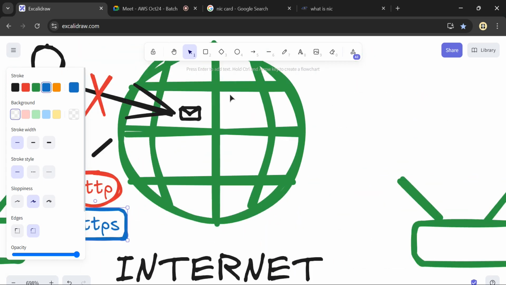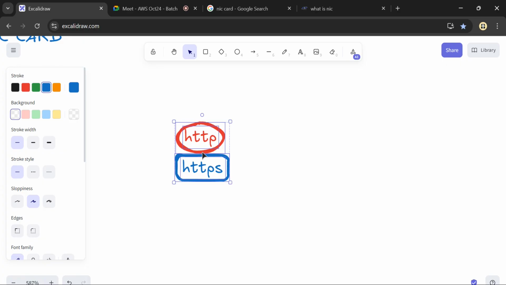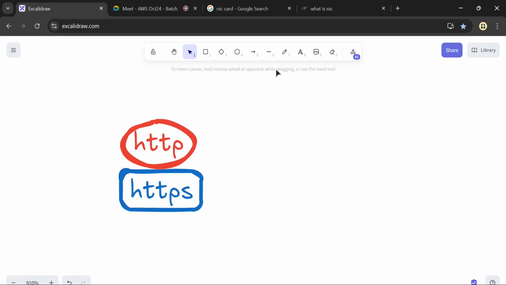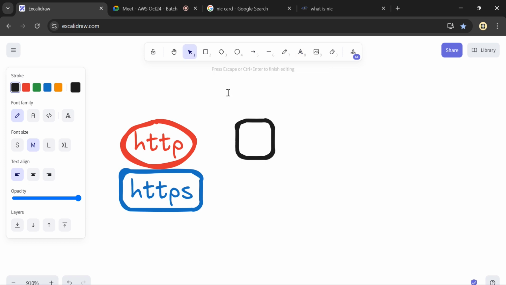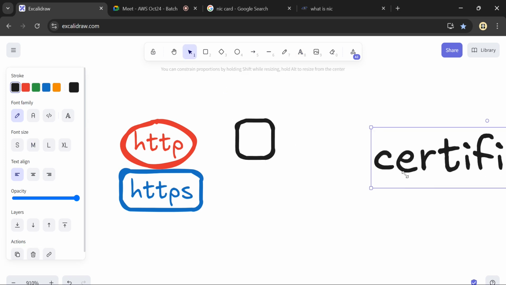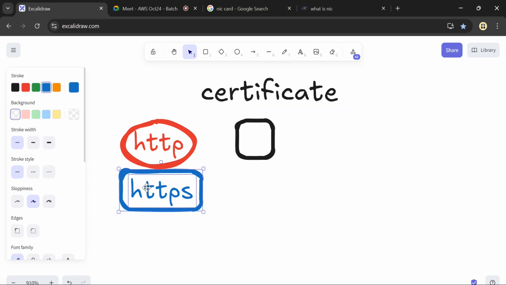So what happens in HTTP and HTTPS is, let me just take a diversion here. The difference between HTTP and HTTPS is that an additional certificate will be attached. Okay, so HTTP along with a certificate. There will be a certificate attached along with HTTP, and that is what makes an HTTPS.